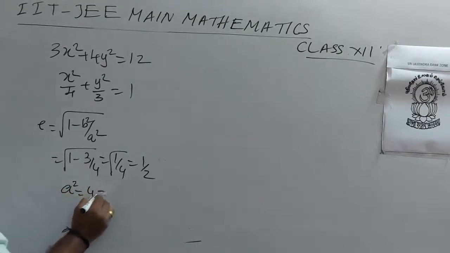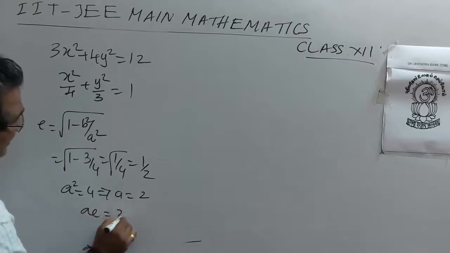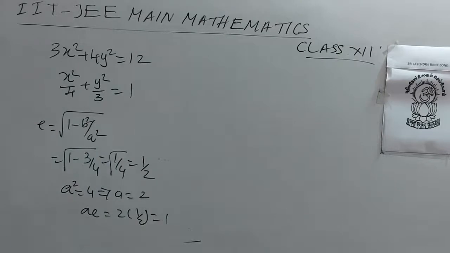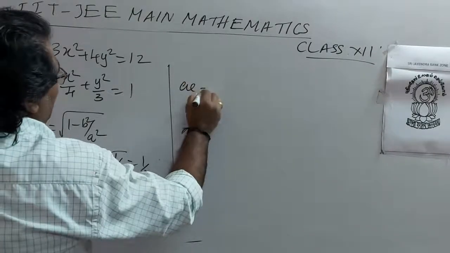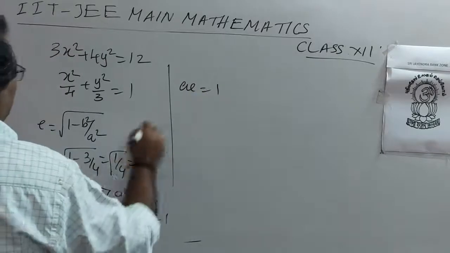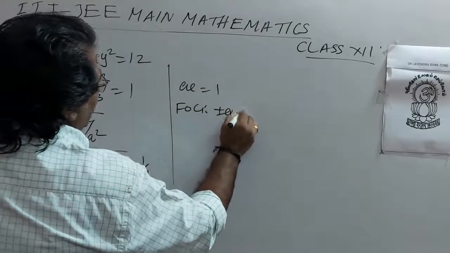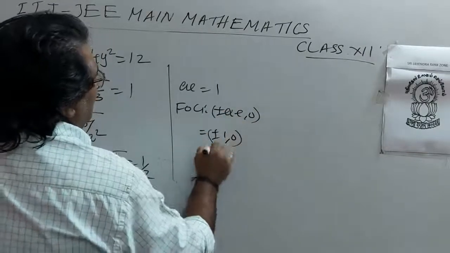A squared equal to 4, which implies A equal to 2. A into E, 2 into 1 by 2, that is 1. So, A into E equal to 1. Foci plus or minus A E comma 0, that is plus or minus 1 comma 0.